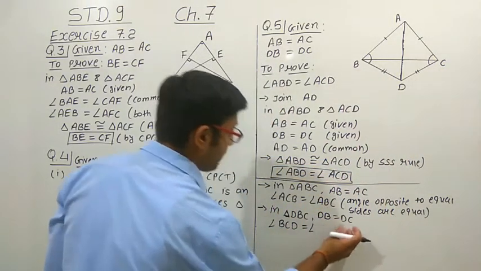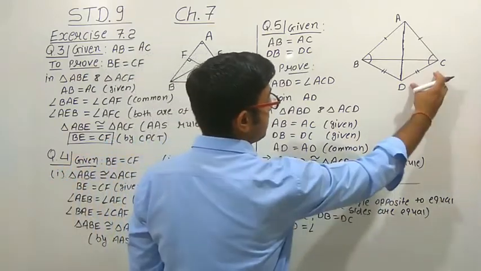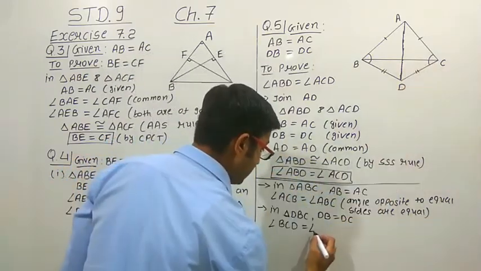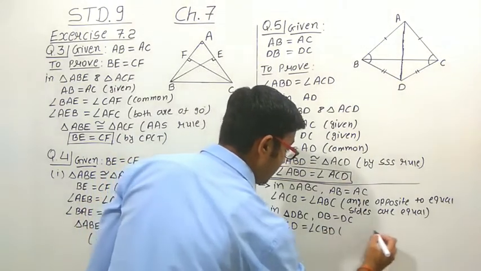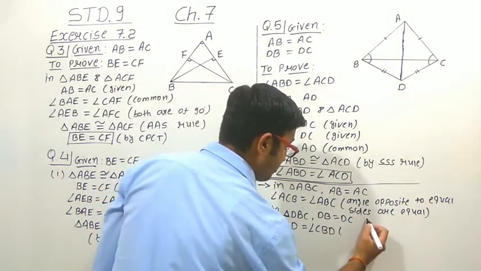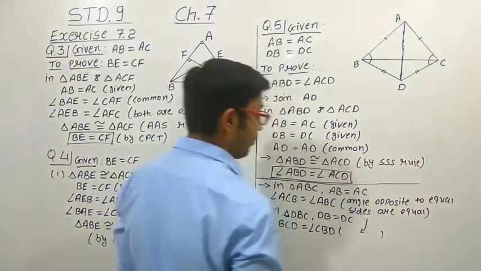In the same way, the opposite angle of side DC is angle CBD. The reason remains the same here: angles opposite to equal sides are equal.